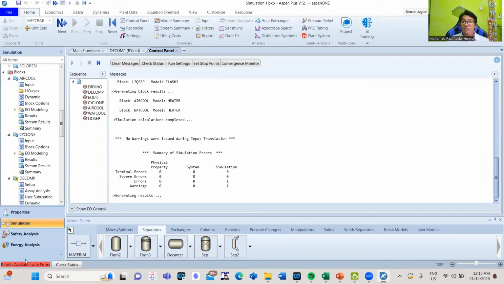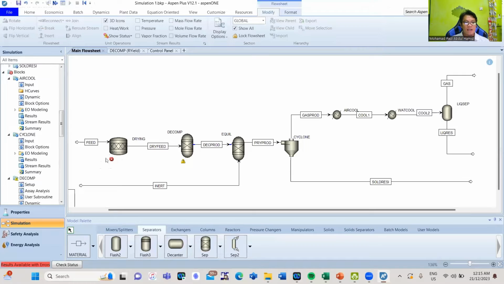As you can see, you have an error on this reaction.